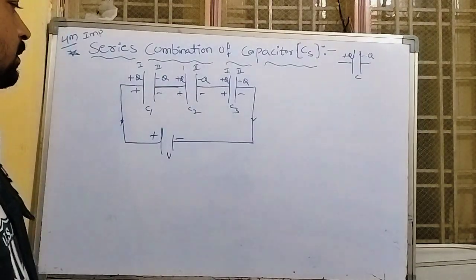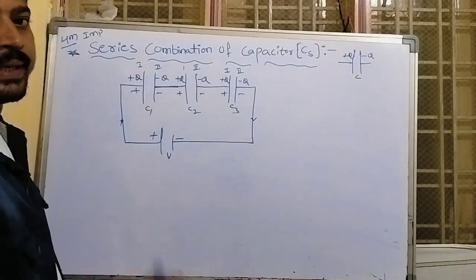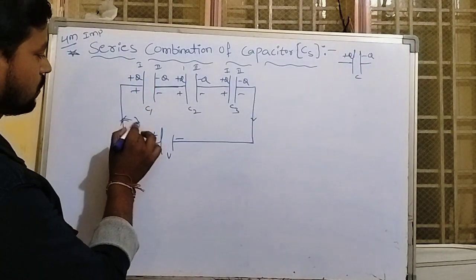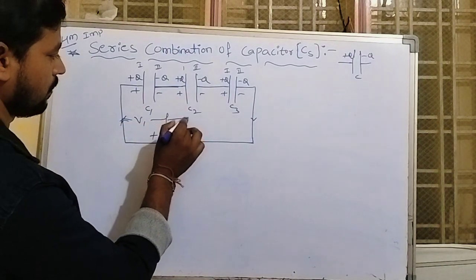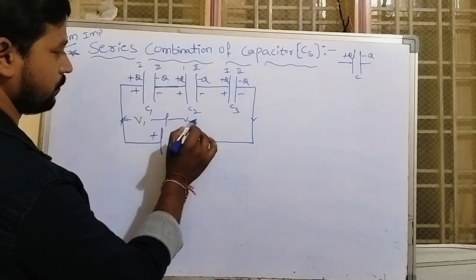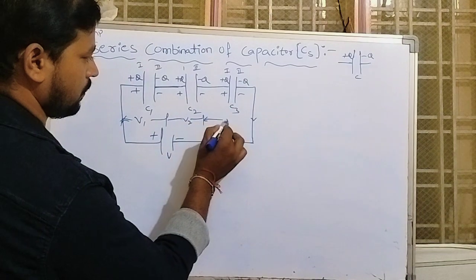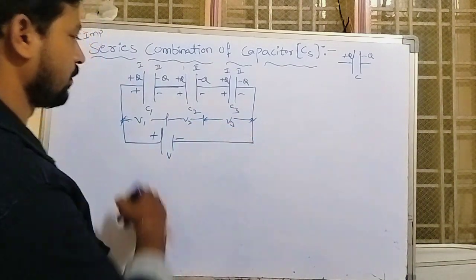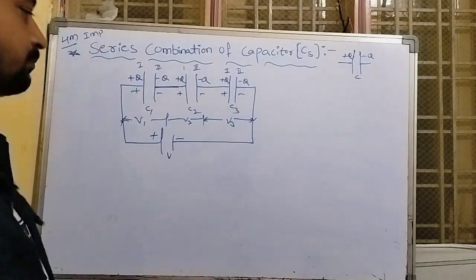The potential differences in the capacitors are considered V1, V2, and V3 respectively.